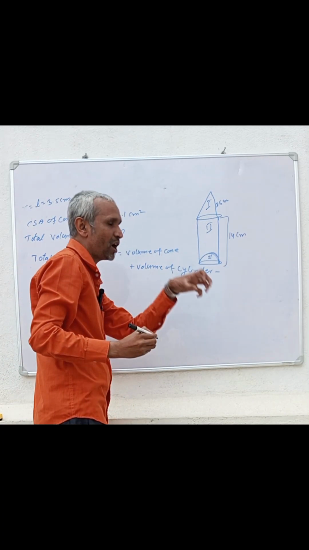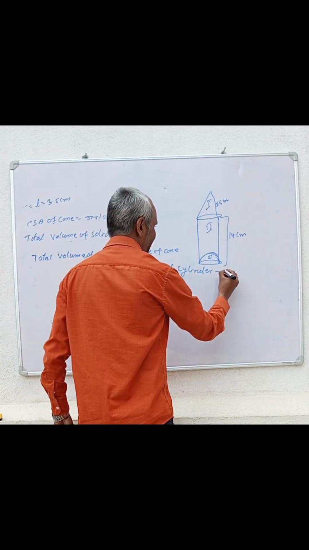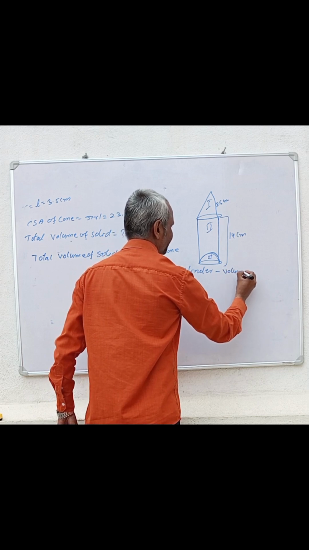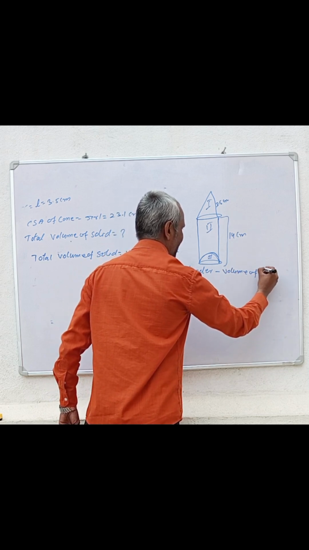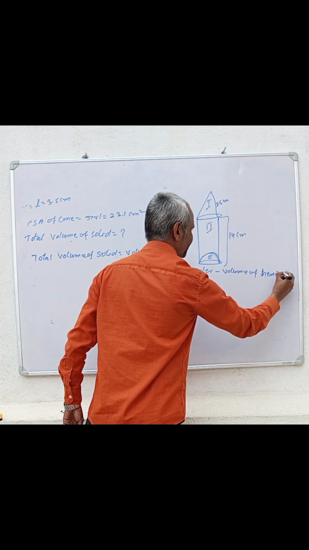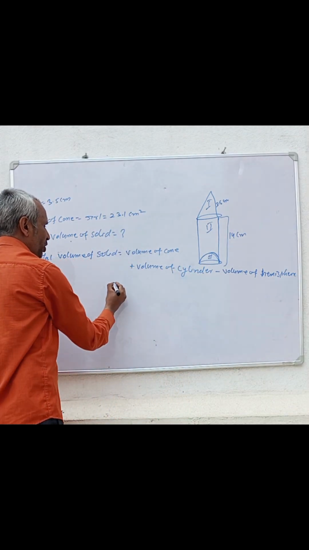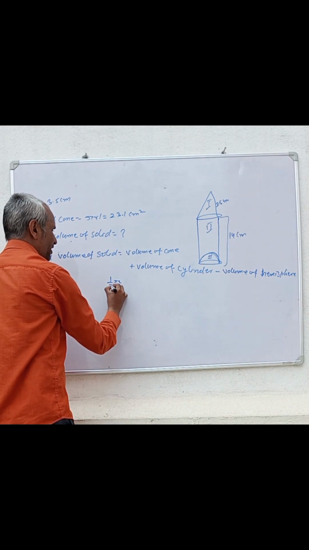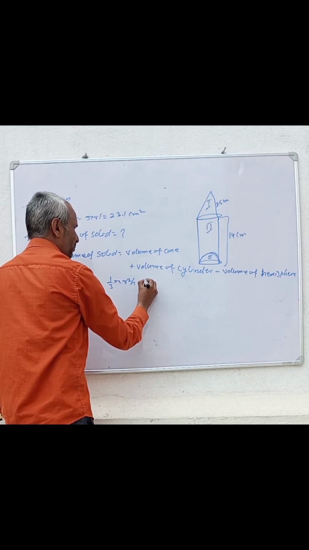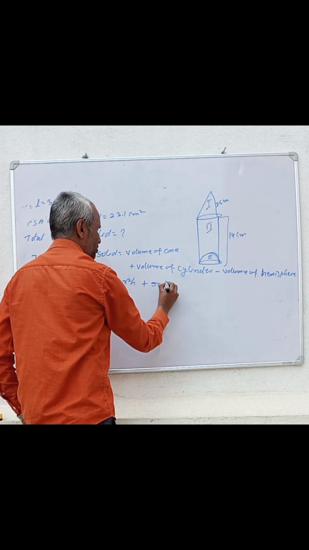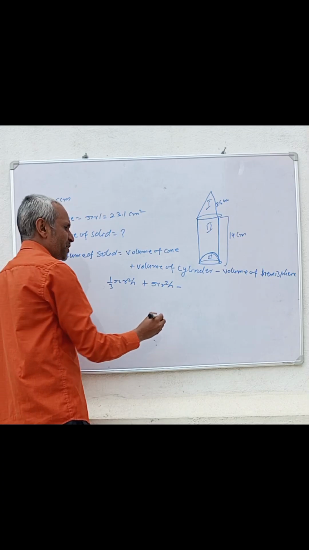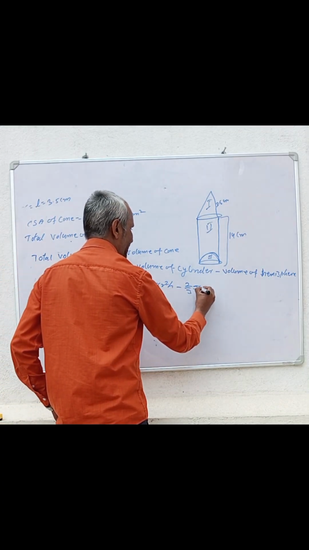Because it is drilled out, taken out. Then minus volume of hemisphere. Writing the formulas: volume of cone, as you know, 1 by 3 pi r square h, plus volume of cylinder pi r square h, minus volume of the hemisphere 2 by 3 pi r cube.